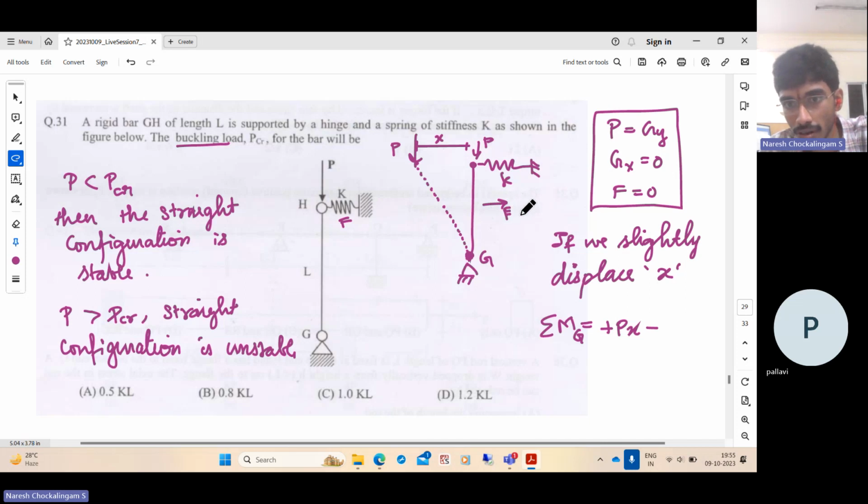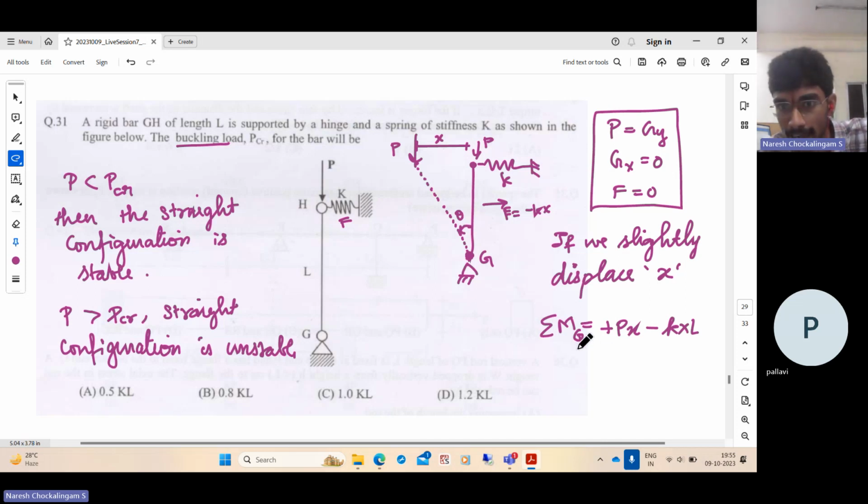So F is equal to minus Kx. So there is some clockwise moment due to the spring force, which is Kx acting at L. Now there are two actions. So this is the net moment. Now this has caused the bar to rotate counterclockwise by theta.